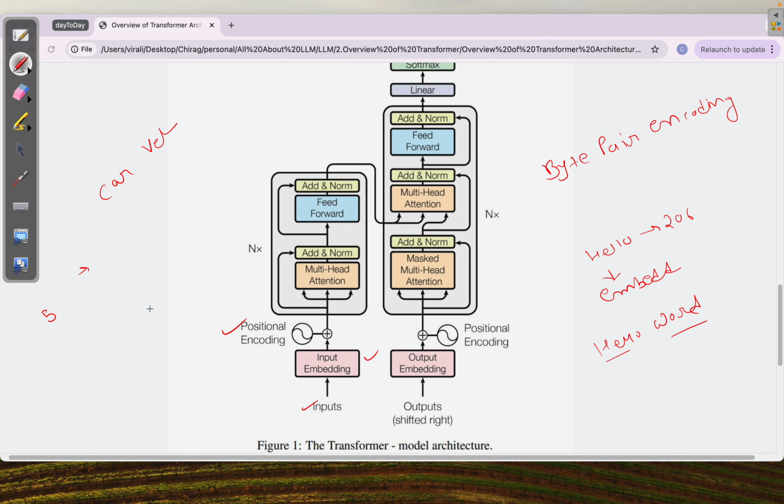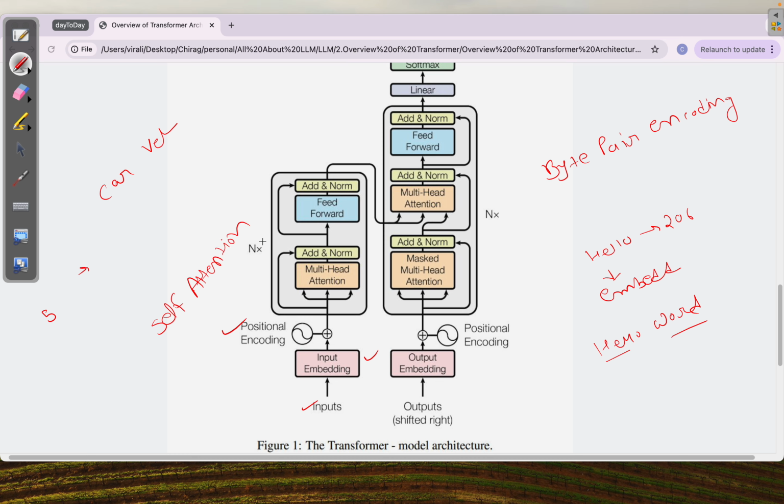Okay, so till now we tokenized them, converted them into embeddings, and then added some information for the position, right? Now there is a main part which is called multi-head attention, right? As I said, the Attention Is All You Need paper provided the technique called self attention, right?